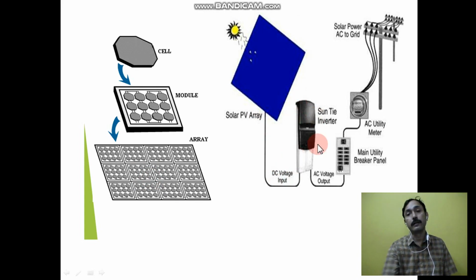This is the inverter. From this, the AC output voltage is sent to the main utility breaker panel, then to the AC utility meter. Then solar power goes AC to the grid, and from this the energy is distributed everywhere.